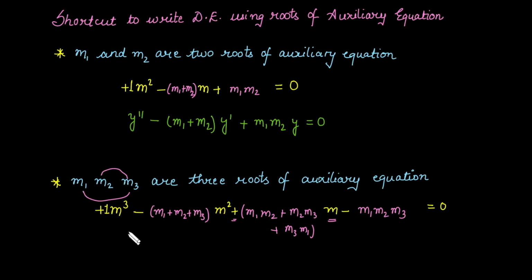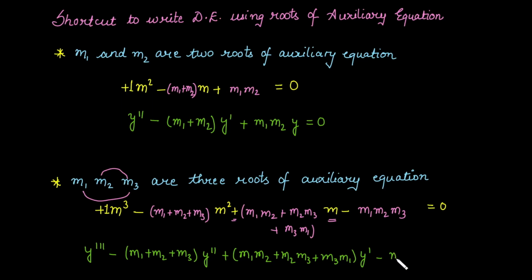And in the three-root case, the differential equation is: the third order derivative minus the sum of the roots into the second order derivative, plus the product of two numbers at a time into the first order derivative, minus m1 m2 into m3, that is the product of all roots, into y is equal to 0.